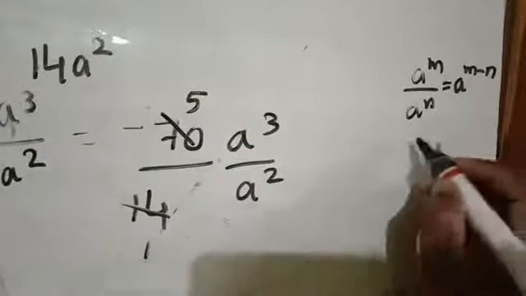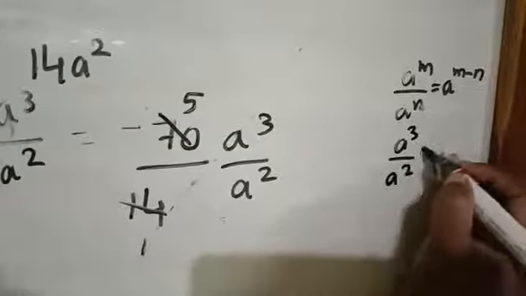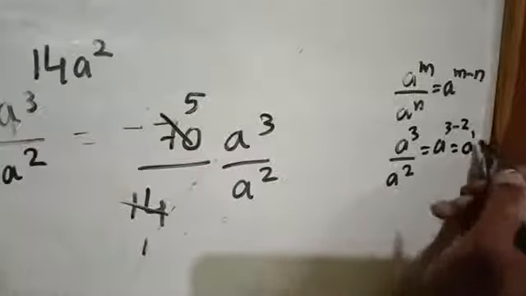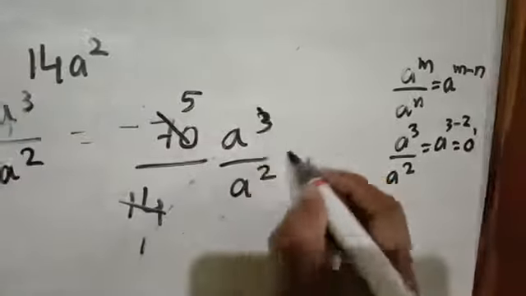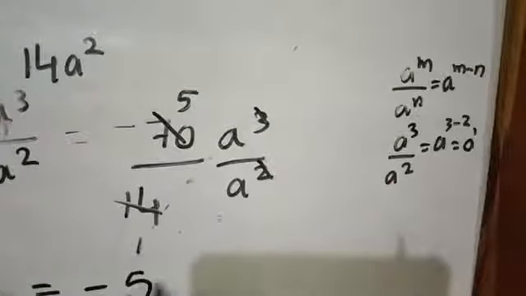So here a cube by a square is a raised to 3 minus 2. A raised to 1, that is a. So the answer is minus 5a.